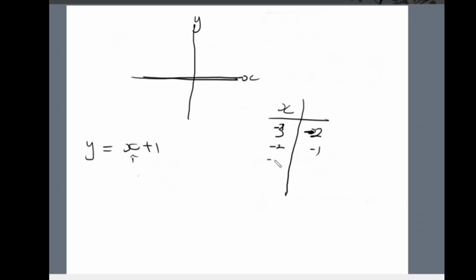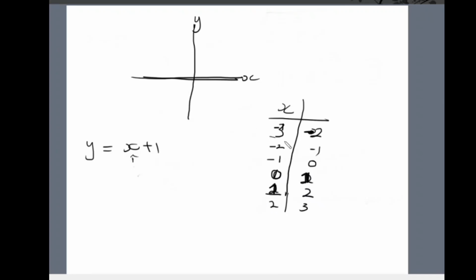When x is minus 1, we know ukuthi y will be 0. When x is 0, we know ukuthi y will be 1. And then when x is 1, we know y will be 2. And then when x is 2, we know ukuthi y will be 3, and so on, right?